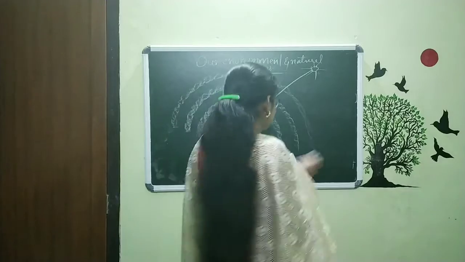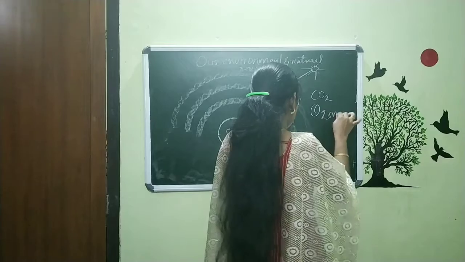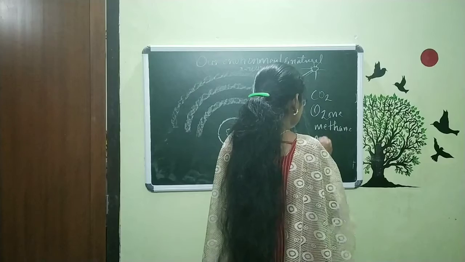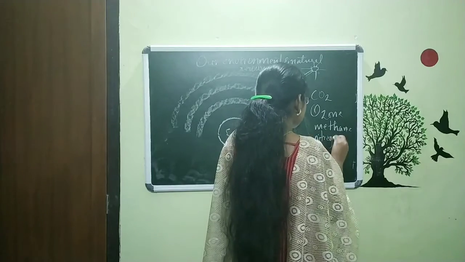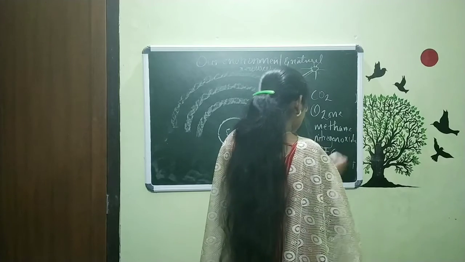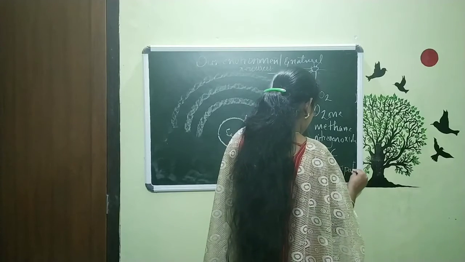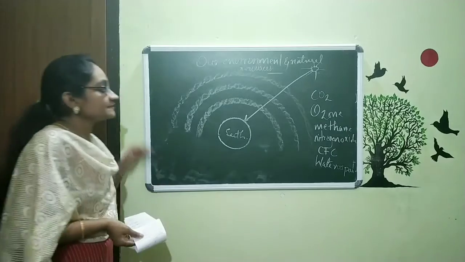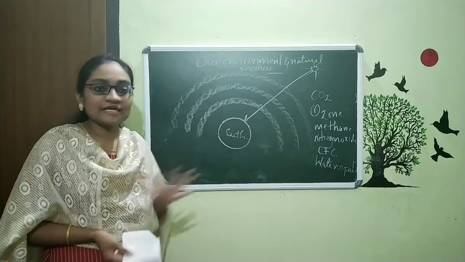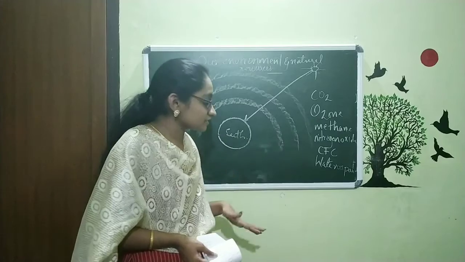The gases like carbon dioxide, ozone, methane, nitrogen oxide, CFC, water vapors, etc. Inside our atmospheric layers, it contains different types of gases like carbon dioxide, ozone, methane, nitrogen oxide, CFC.